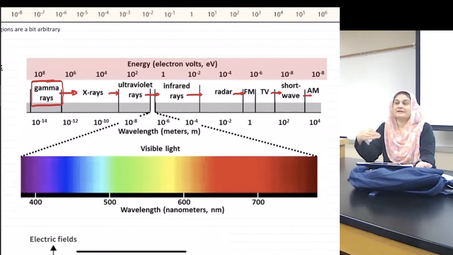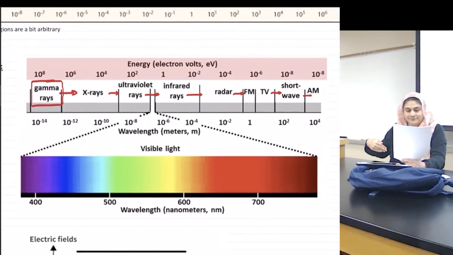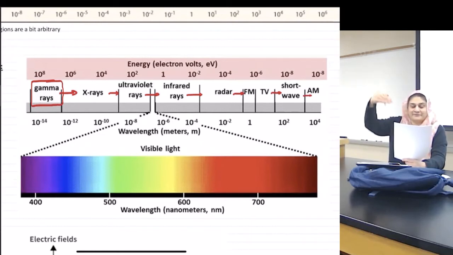And correspondingly, I'm looking at those frequencies. As frequency is going lower, the energy is going lower. But as the wavelength is going lower, the energy is going higher.